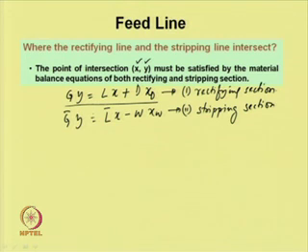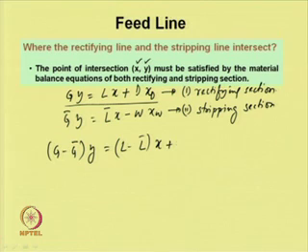So, if we subtract 1 from the 2, we will get (G minus G bar) times Y is equal to (L minus L bar) times X plus D x d plus W x w.